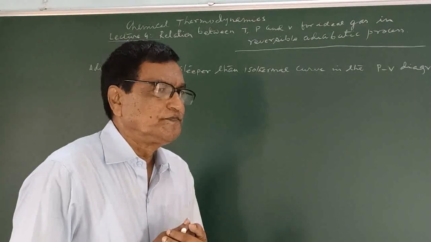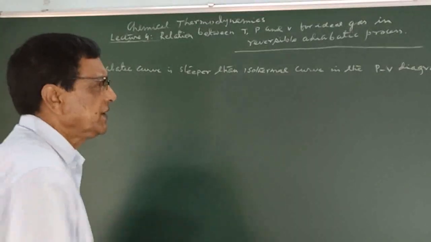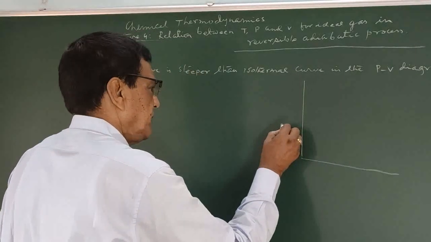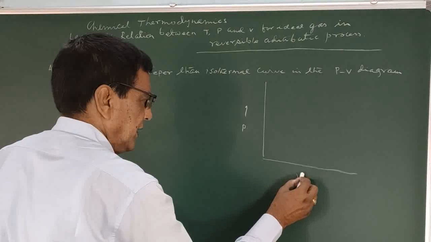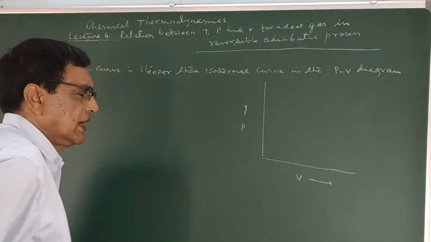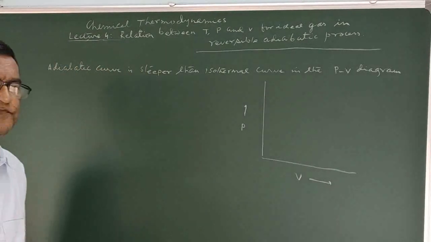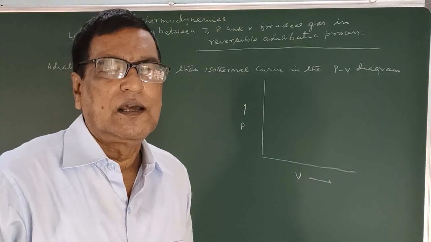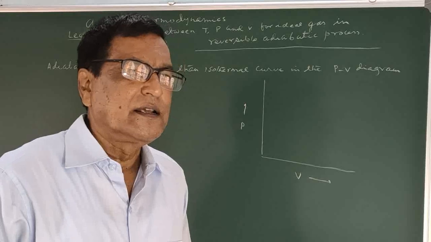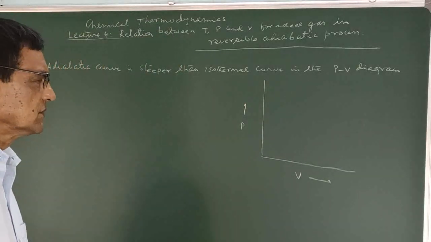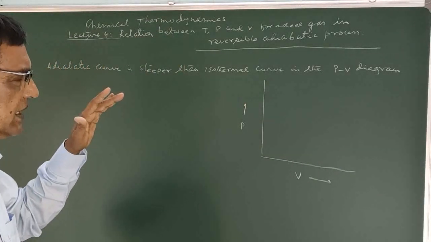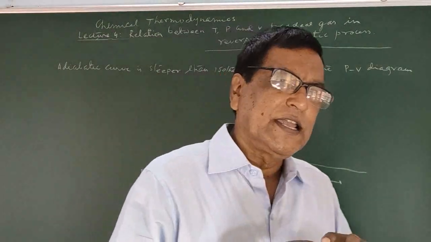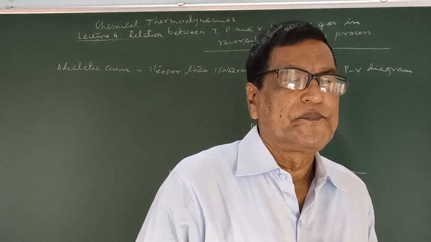Now I can show in a PV diagram. Suppose this is the PV diagram, here P and here V. And suppose there is one ideal gas, the process is reversible as we have done earlier, and these two gases have been taken in the same initial state.